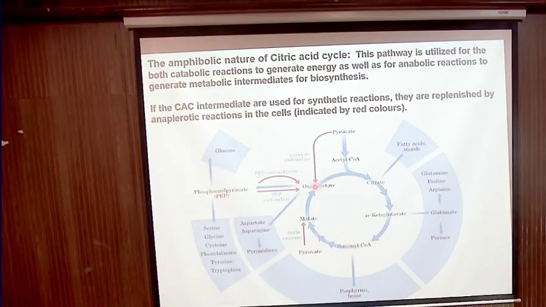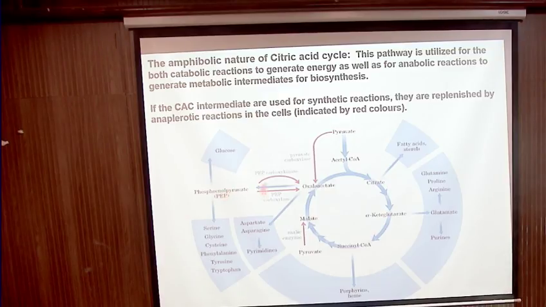Oxaloacetate, we said, can be used up for gluconeogenesis, but there are alternate steps which can fill up and produce oxaloacetate. You have to give at least 2 or 3 examples for anaplerotic reactions, which are replenishing these intermediates with other pathways.